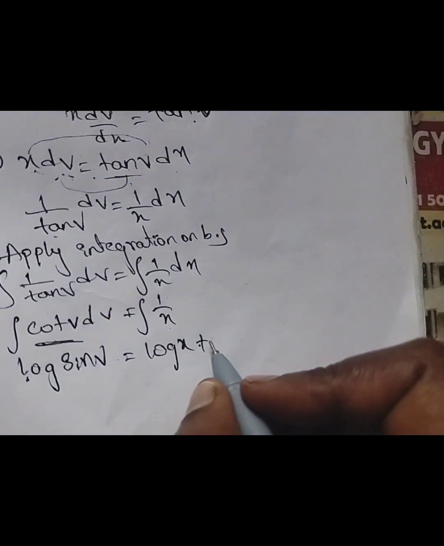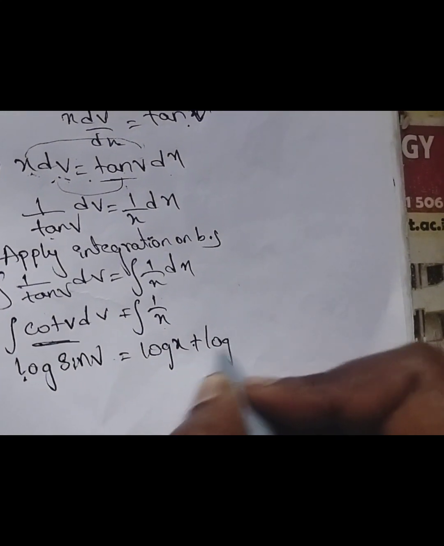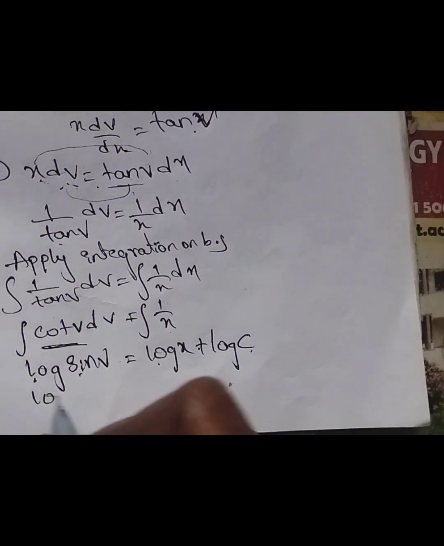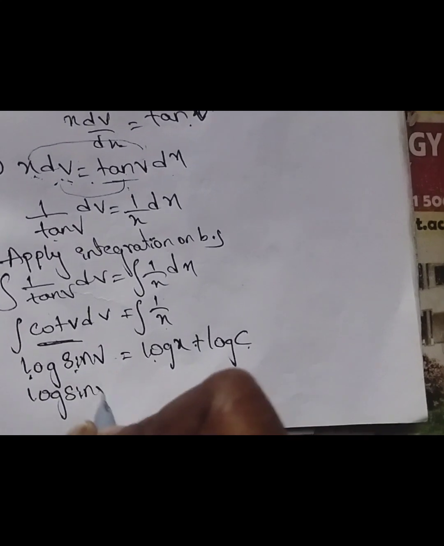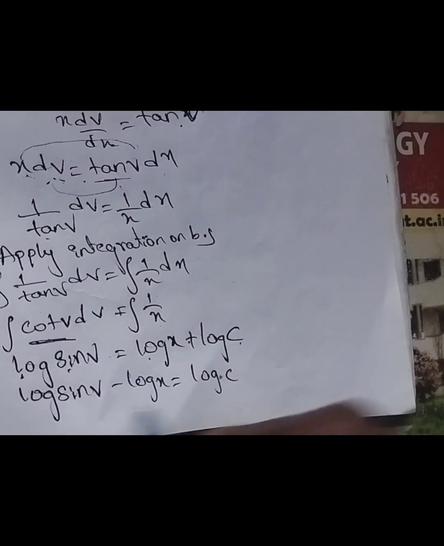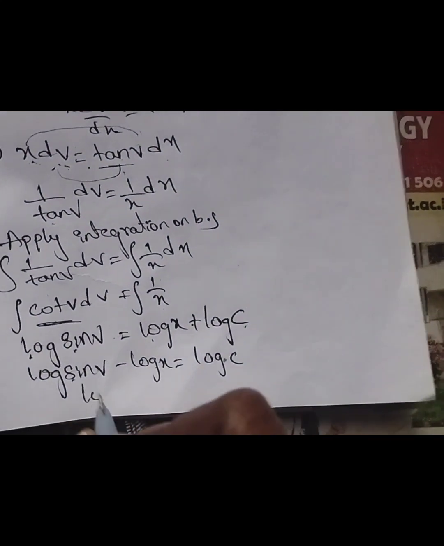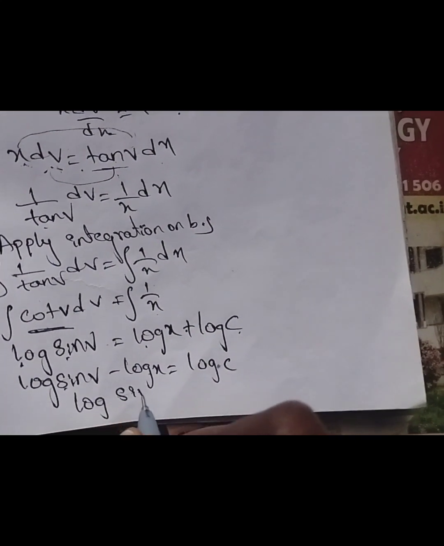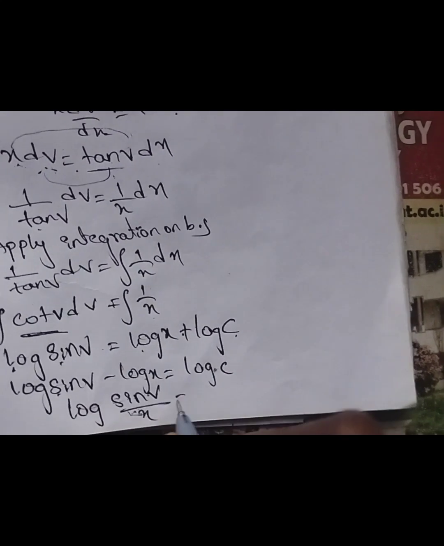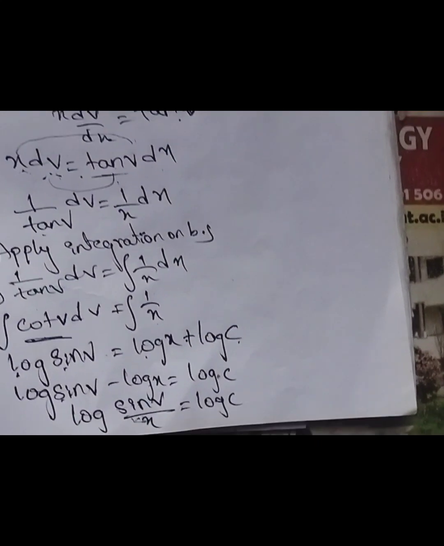So our constant also let us write in log terms only. So log c. Take this log x to the left hand side. So what do you get? Log sin v minus log x equal to log c. So log a minus log b is log a by b. Log of sin v by x equal to log c.